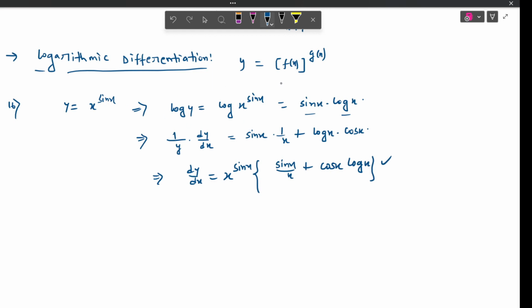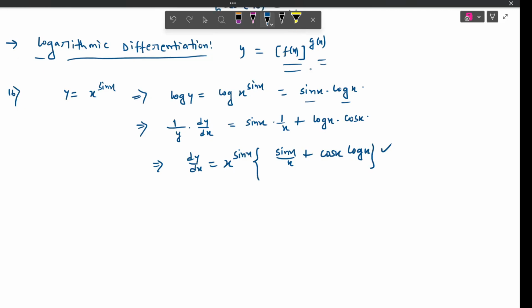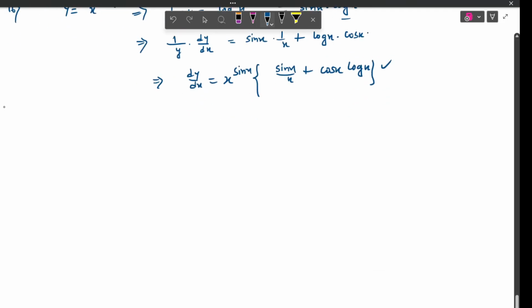Okay. So whenever you see function to the power function, you have to take log on both the sides. Here all the problems are in the same format. Okay, so let's see one problem, 17.